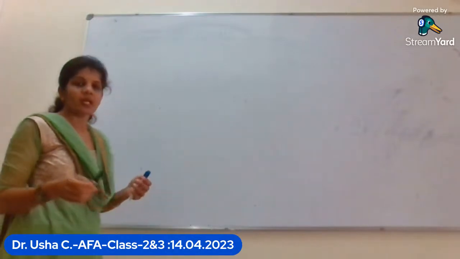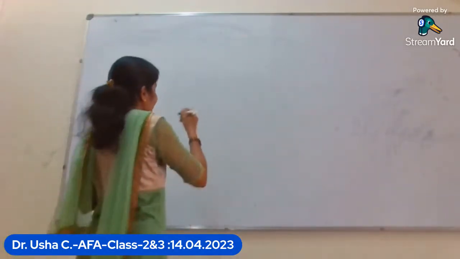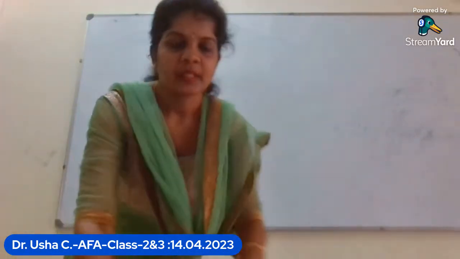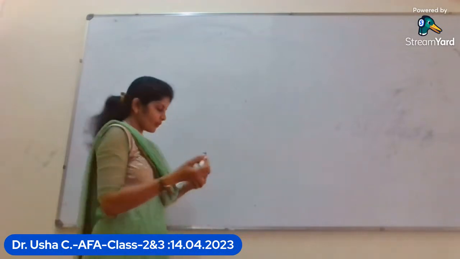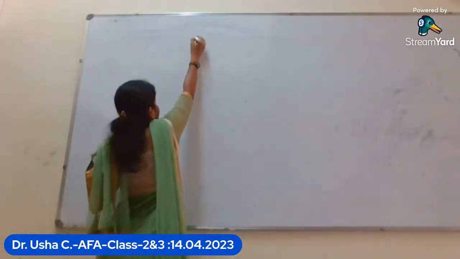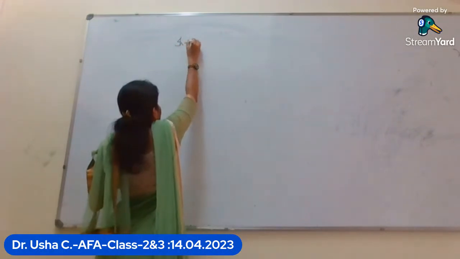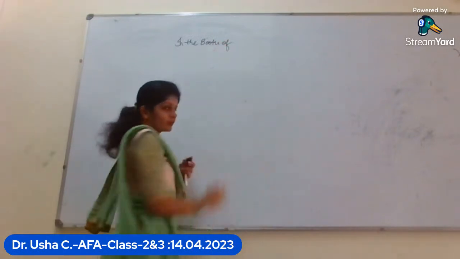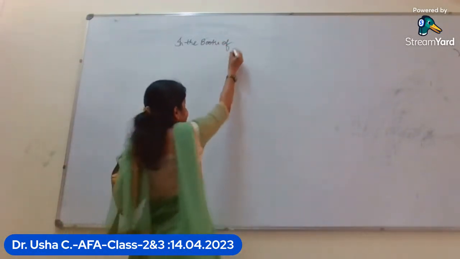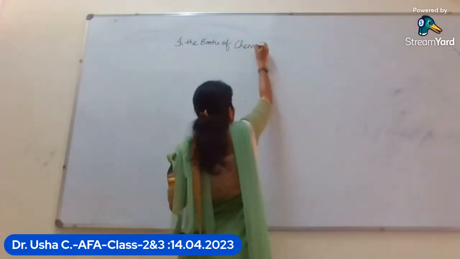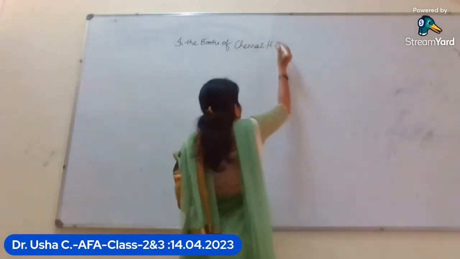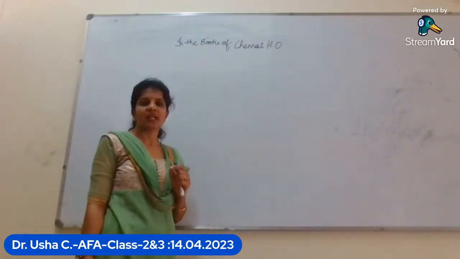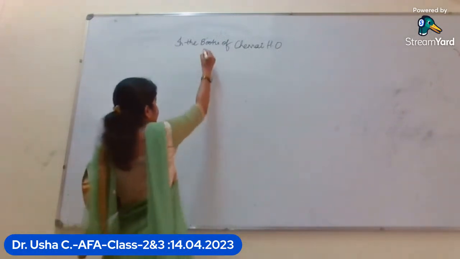Okay, dear students. So for this problem, we have to prepare the branch account in the books of head office. Let us write this as in the books of Chennai head office, and which branch account is it? Branch account is Delhi branch, correct? Look into the problem.